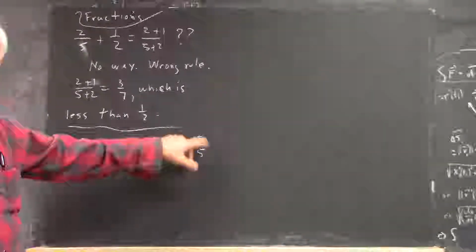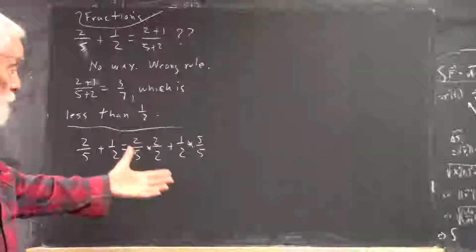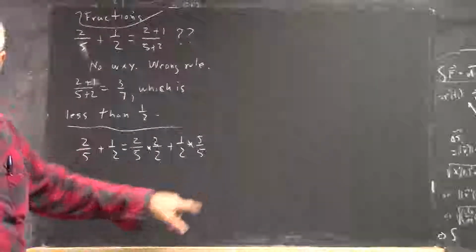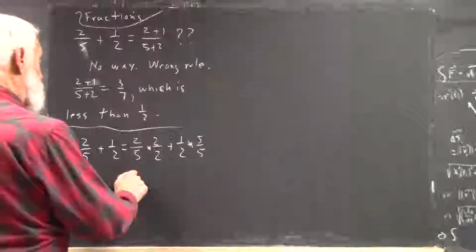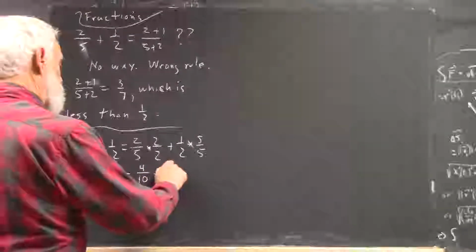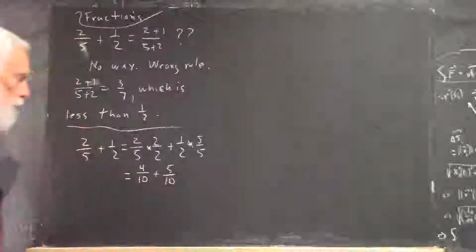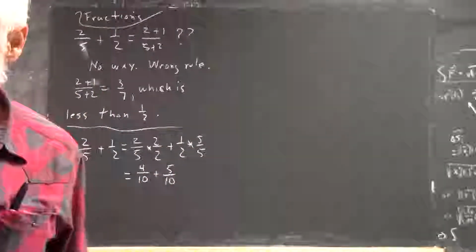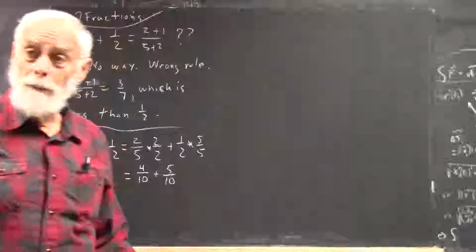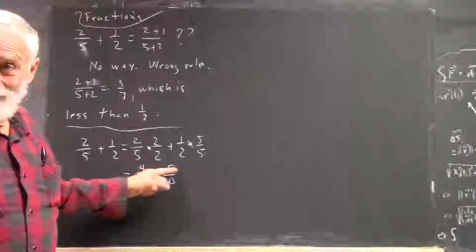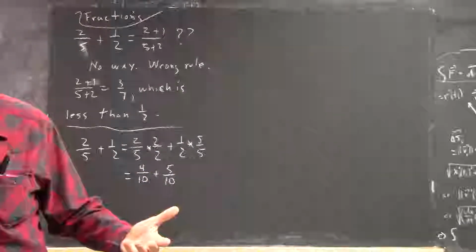And similarly here, 5/5 is just 1, so we're not changing the value of this number or this number by doing this. Okay, well that equals 4/10 plus 5/10, right? And that means 4/10 plus 5/10, okay? Well, how many tenths do you have if you add 4 of them to 5 of them? 9 tenths. That's common sense, okay?